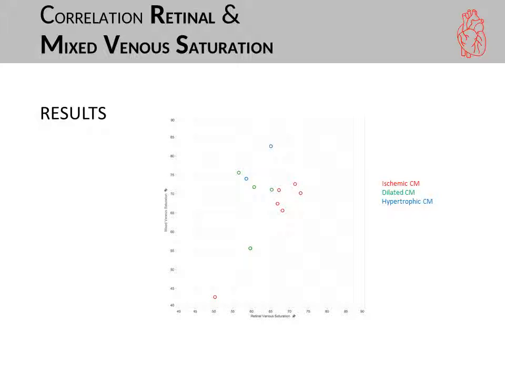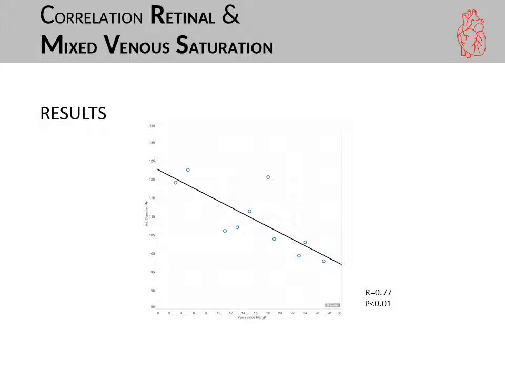A major problem in these patients is chronic kidney failure, which is known to be correlated with the retinal arterial diameter. And an interesting finding in our small population so far is a strong negative correlation between the time since heart transplantation, a parameter for the amount of medication received, and the retinal arterial diameter.